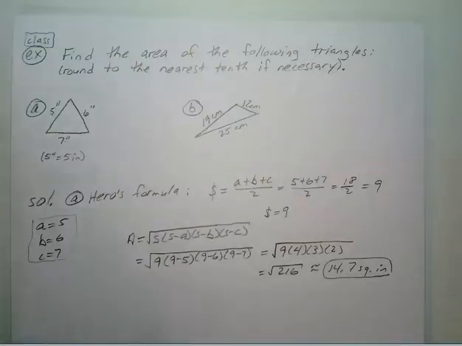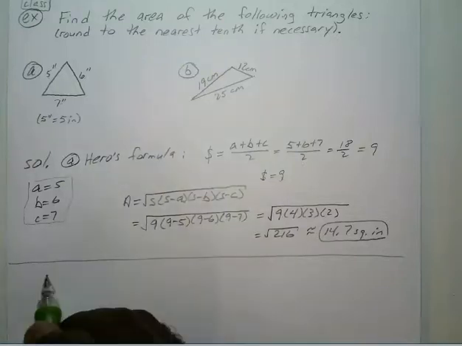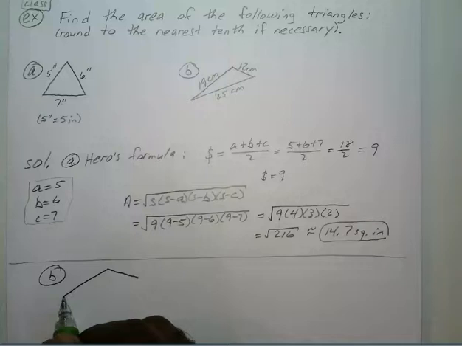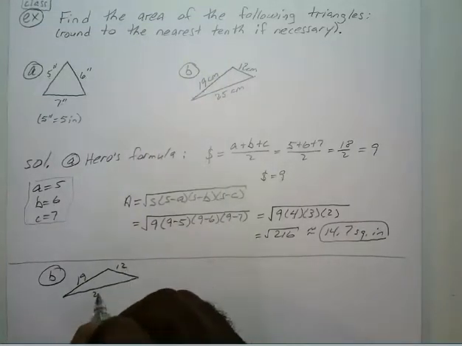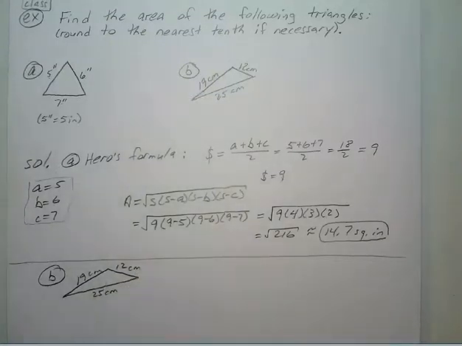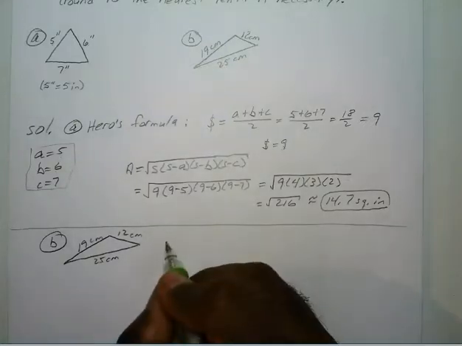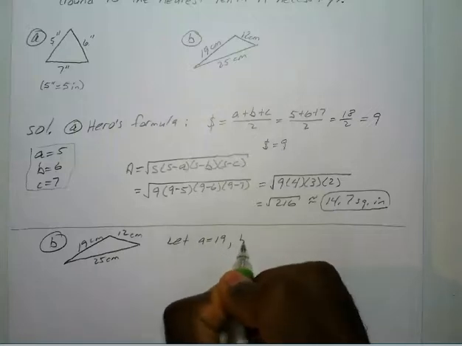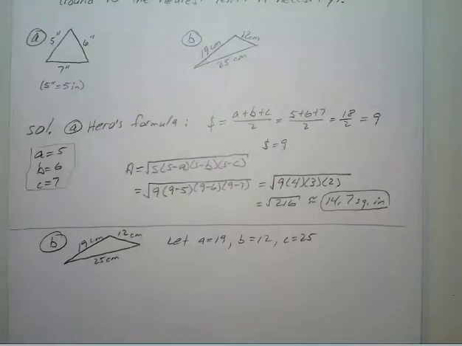All right, so let's go ahead and solve problem B. Okay, so I'm going to go ahead and redraw it. There and there. So we have 19, 12, and 25 centimeters. Okay, so we can let A equal 19, B equal 12, and C equal 25.